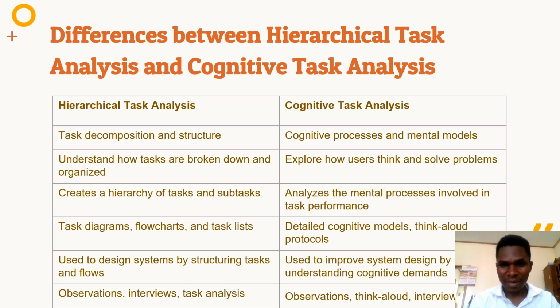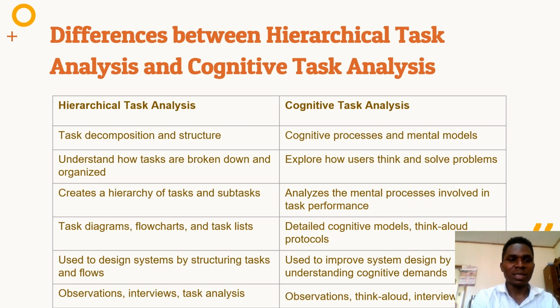As we earlier said, CTA basically looks at the mental processes of the tasks, or how the users handle a given task mentally, and then also understanding how tasks are broken down and are organized. Yes, then in CTA we explore how users think and solve problems. That's basically the mental processes, as we earlier said.